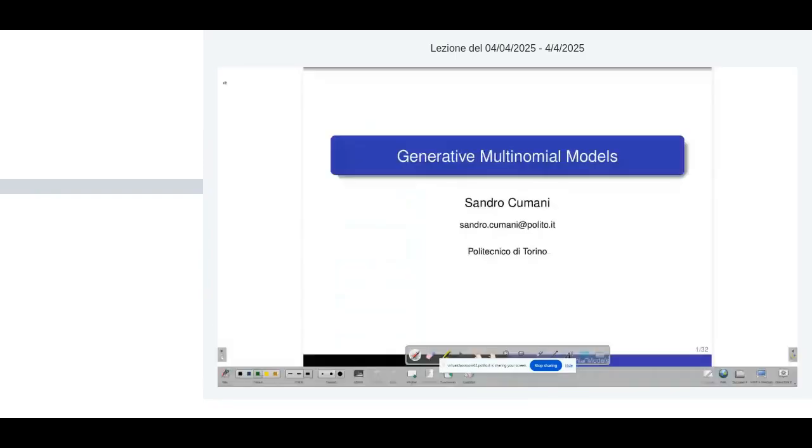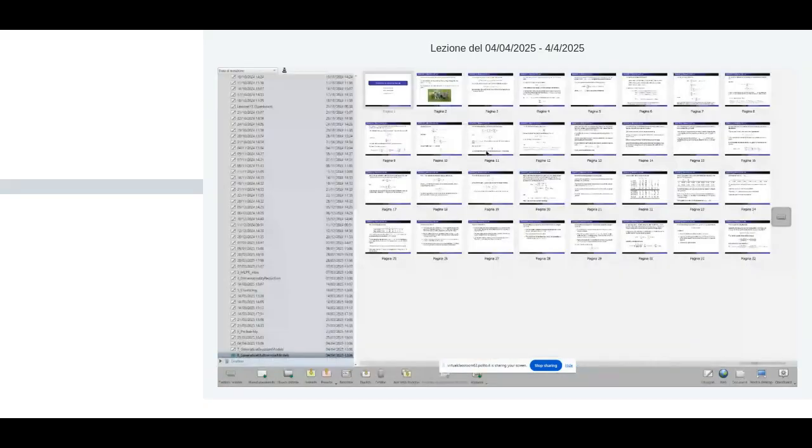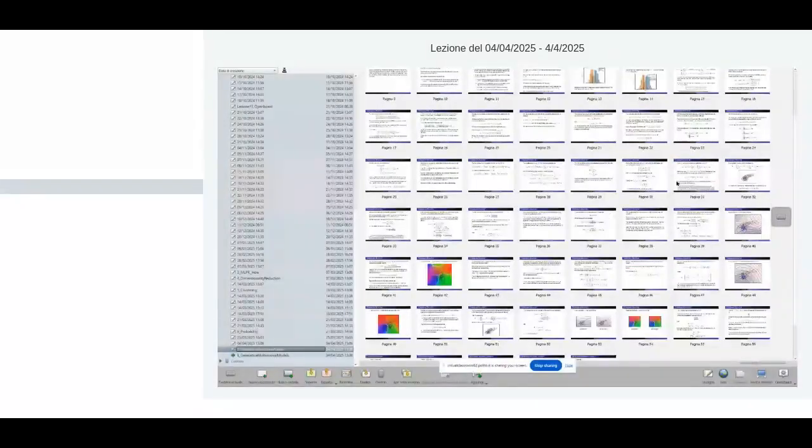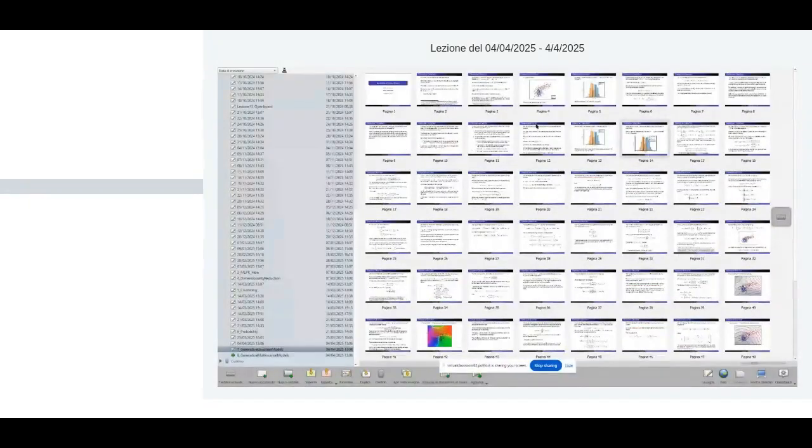Okay, so good afternoon. This is not the slide that I want to show now. Today we finish talking about the Gaussian models, and then we introduce a new classification model for discrete data.